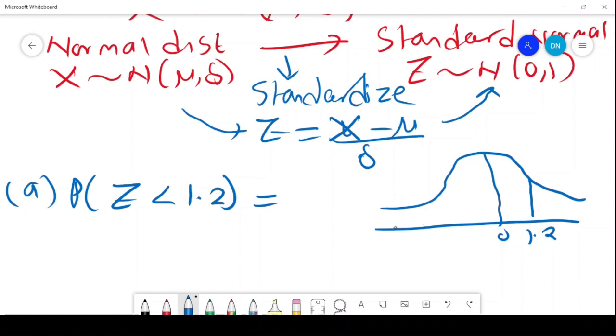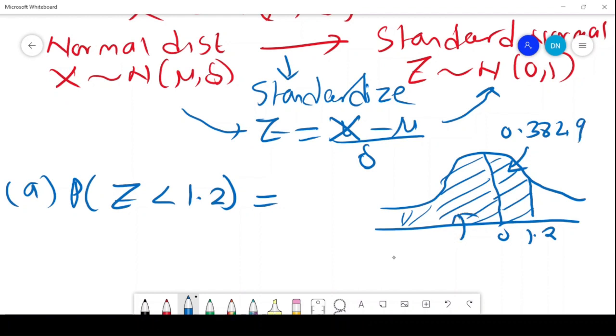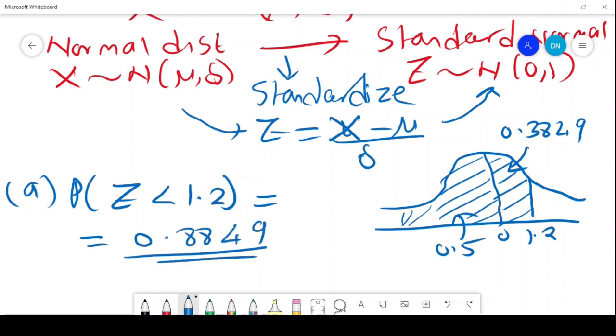So less than 1.2 means it is this part plus this part. You need to find that 1.2 gives 0.3849, and we know that this part is 0.5. So I can comfortably say the answer is 0.8849 using the standard normal table.